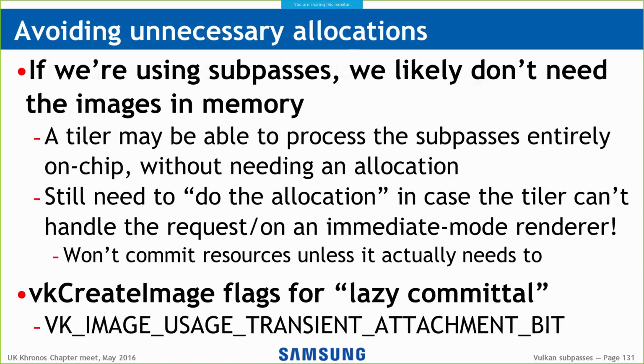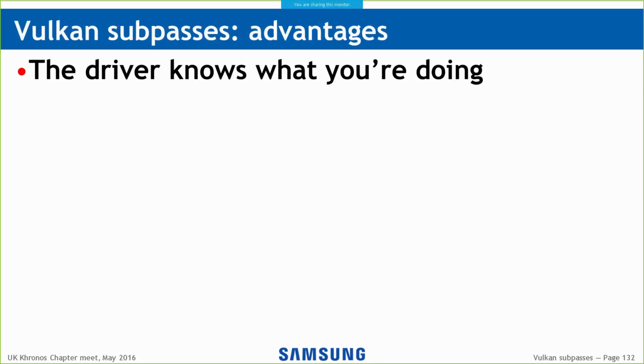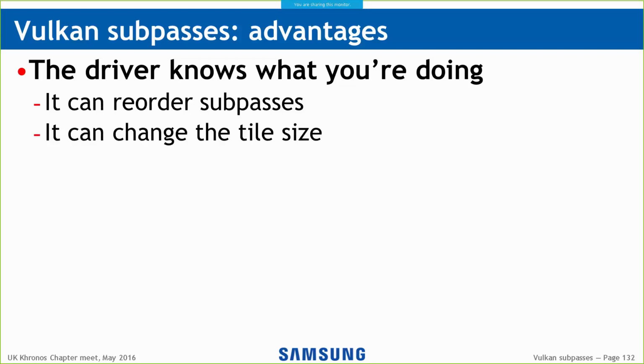So that's what subpasses are. The idea is that you've told the driver what you're about to do, so it can shuffle things around for execution order to make sure that the operations happen efficiently and make the best use of on-chip memory. I'm guessing here you could potentially mess with the tile size in order to work out how much memory is needed for the intermediate buffers you've got.